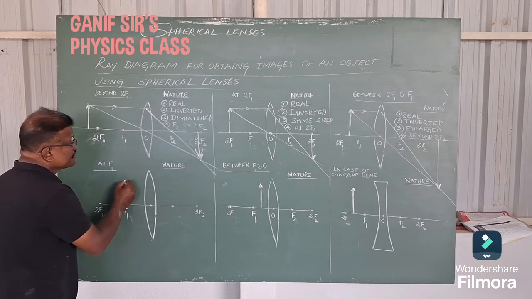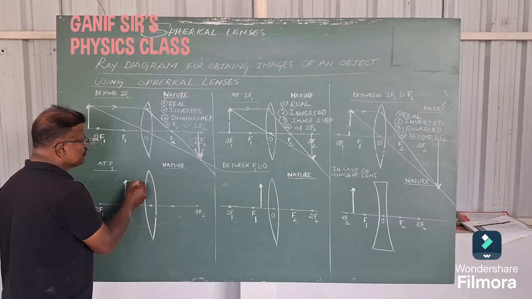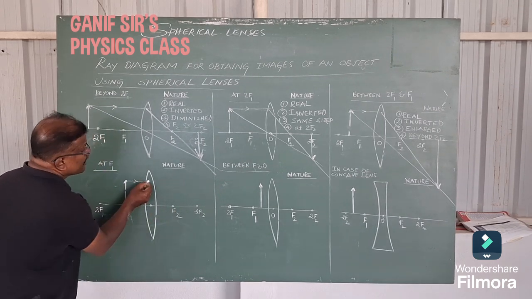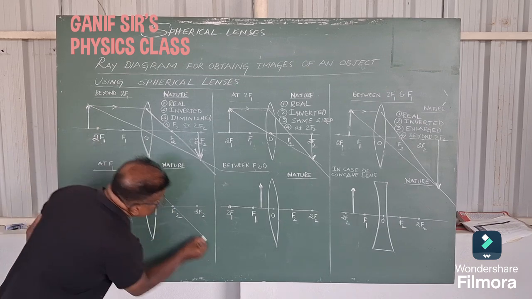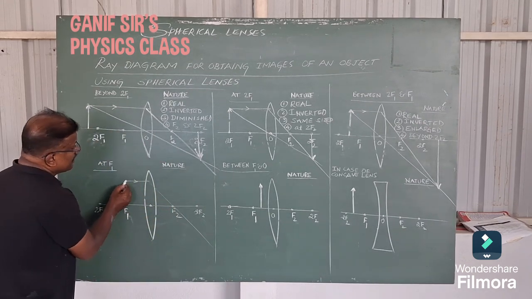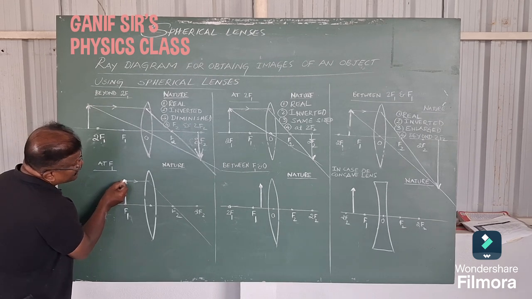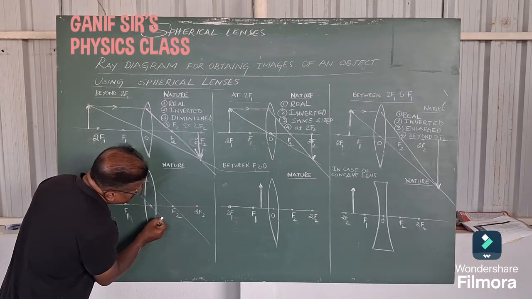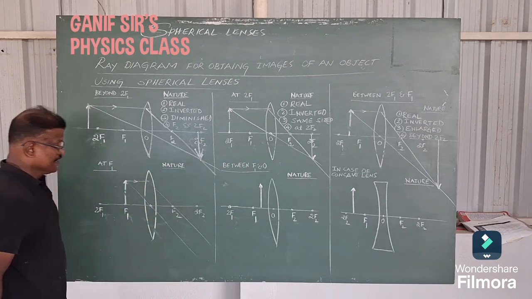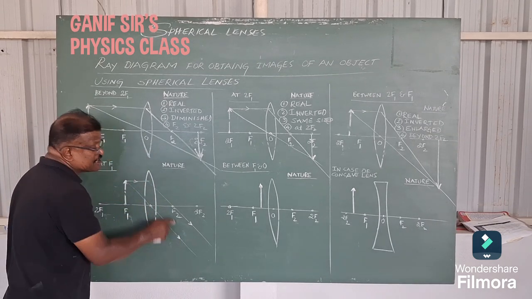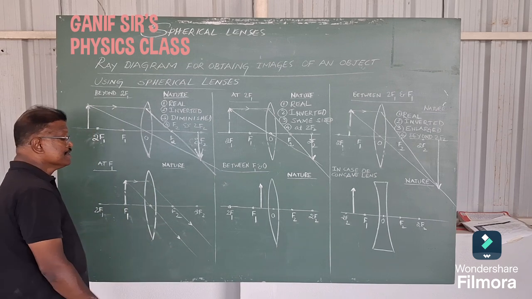Now I place the object exactly at F. Let's see what happens. I am following the same two rules, first rule and third rule. One ray moves through F, and another ray passes through the optic center. Now it seems as if these two refracted rays move parallel.